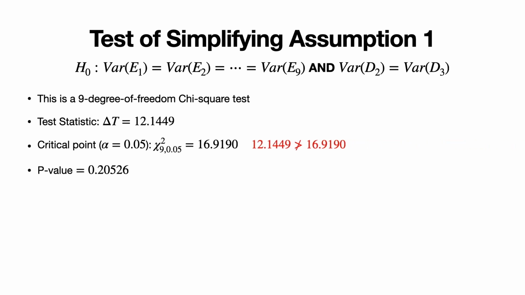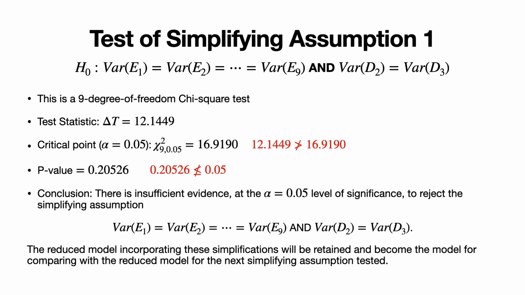and since the test statistic, 12.1449, does not exceed the critical point, 16.9190, and the p-value, which is 0.20526, is not less than or equal to the significance level that we're using for the test, 0.05, our conclusion is that there is insufficient evidence at the 0.05 level of significance to reject the simplifying assumption that the variances of the error terms E1 through E9 and the variances of the error terms D2 and D3 are equal.